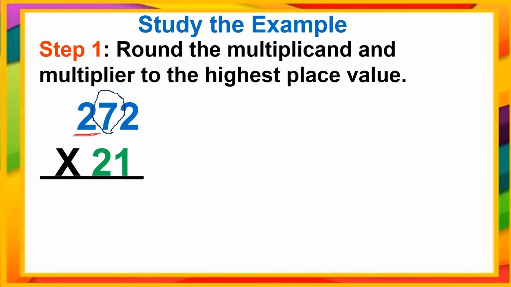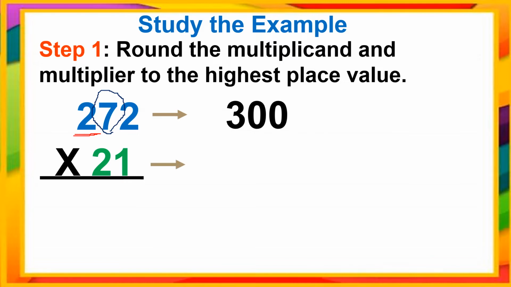It means that you're going to add 1 to the number that you're going to round off. So 2 will become 3, and all numbers at the right of 2 will become 0. So therefore, 272 when rounded to the highest place value will become 300.